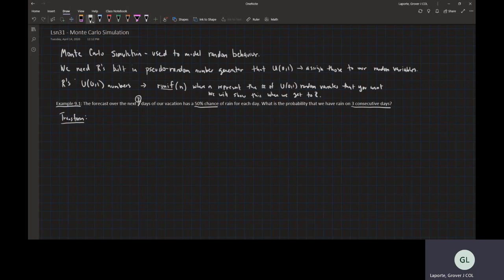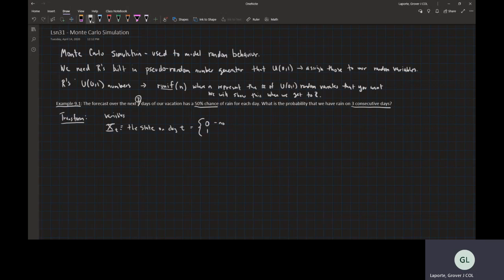First step, what are our variables? I'm going to let capital X of t be the state on day t, and that's going to be either a 0 or 1. We're going to let 0 be no rain.